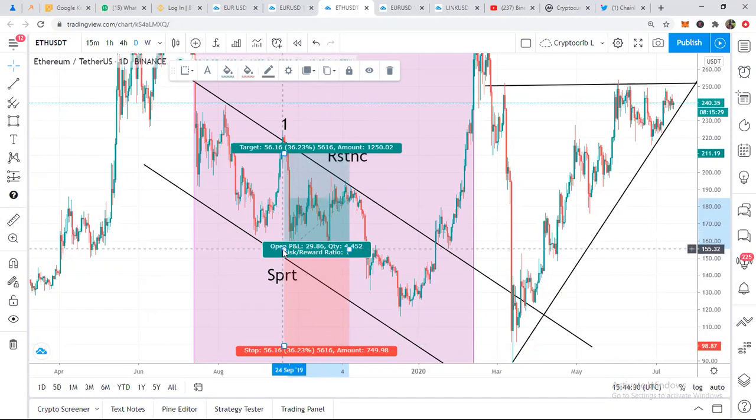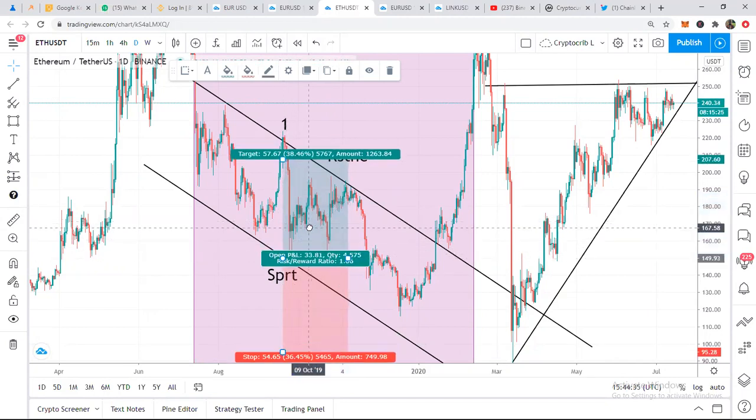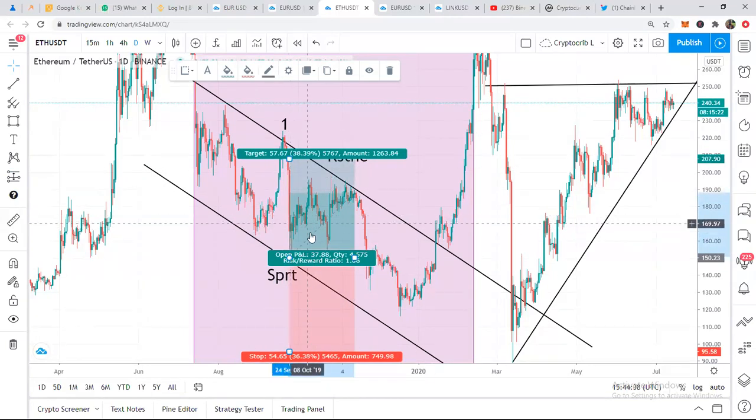I hope everyone knows what PNL is. The risk to reward ratio, I've not explained that. The risk to reward ratio is just a tool to guide your trading.